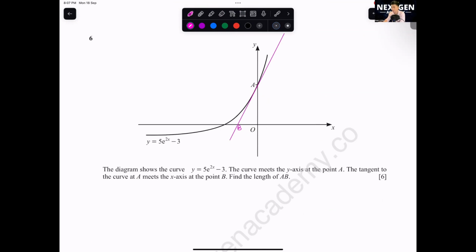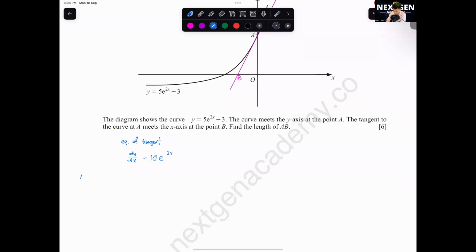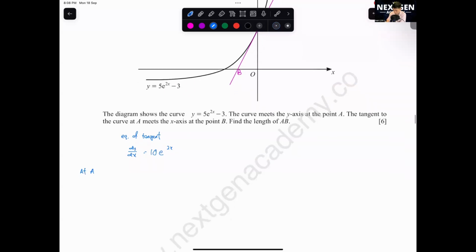So I just need to find the coordinates of point A and point B. I find the equation of the tangent first. How to find the equation of the tangent? You do dy over dx equals 10e^(2x). At A, my x is equal to 0, so dy over dx is 10e^(2 times 0).